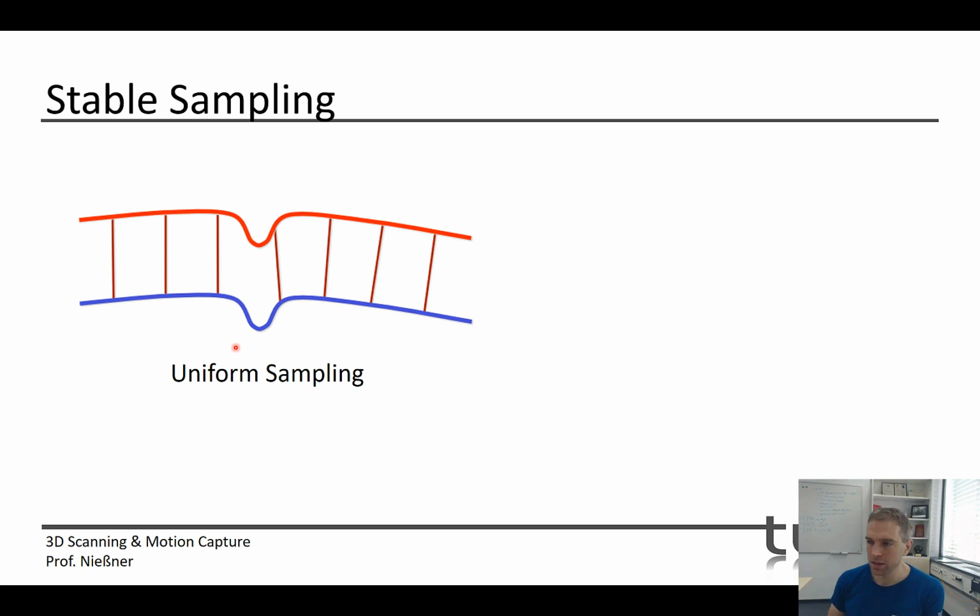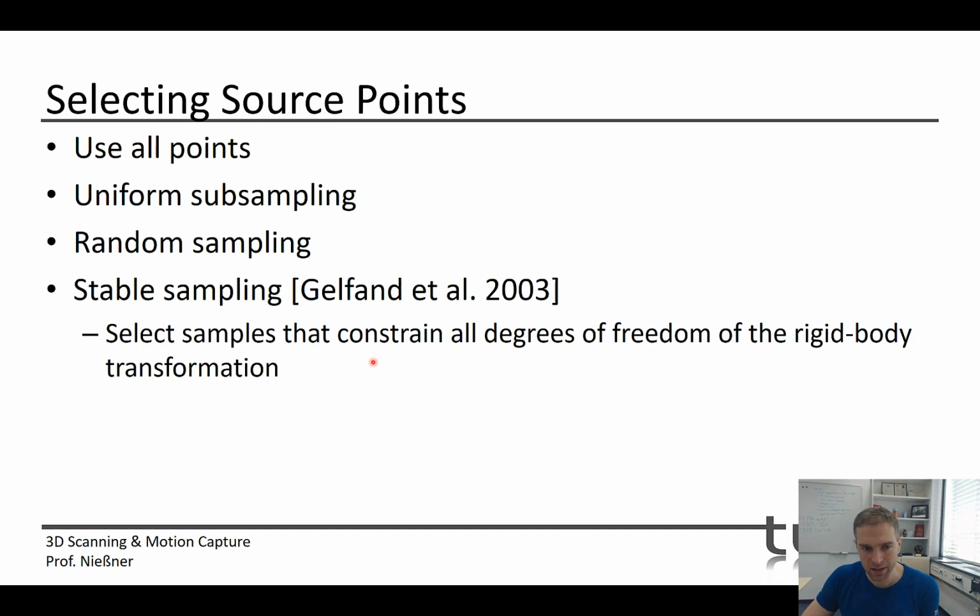And the question is, why is that a problem? Well, what we would love to do now is take these points and use those matches with respect to the other surface and then compute a translation and a rotation matrix. Now, going back, what I mean by constrains all degrees of freedom of rigid body transformation: one common way this fails is when you just have two planes. If you want to align two planes to each other, the planes can slide.